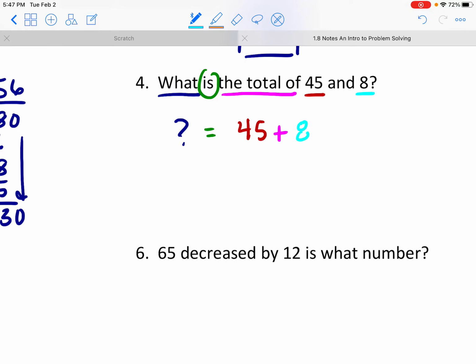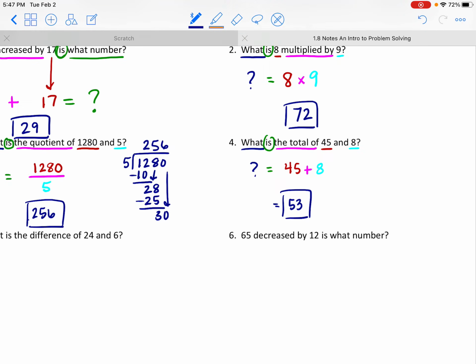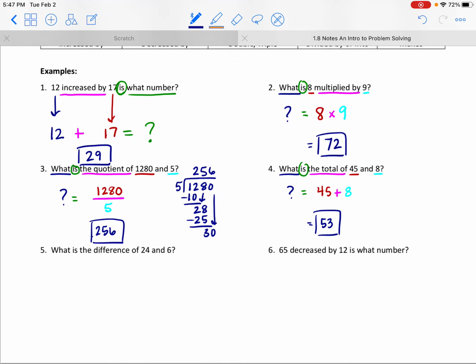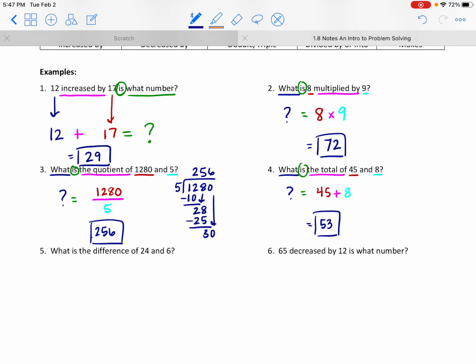So we want to add the 45 and 8 to get that total. So 45 and 8 is going to make 53, our answer here. I don't want to clog up my paper. So 53 is our answer on that one.